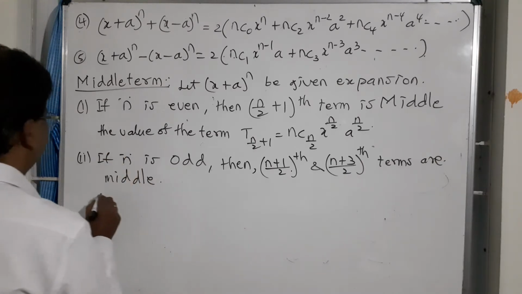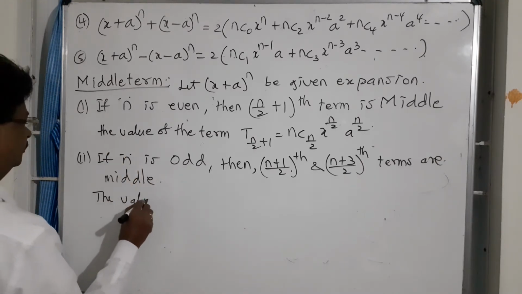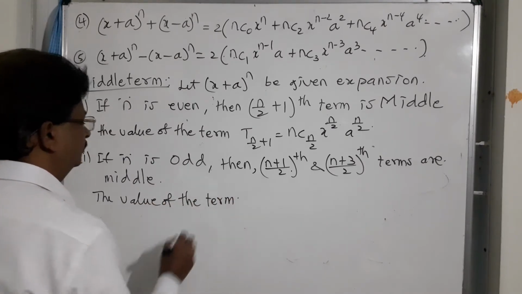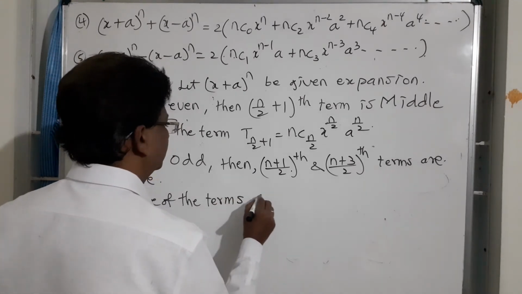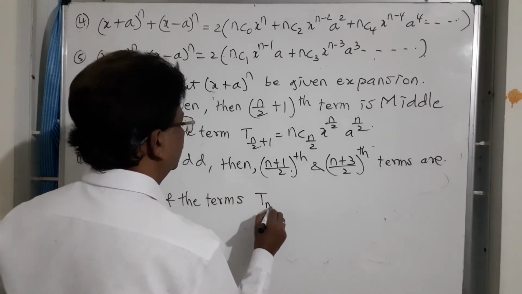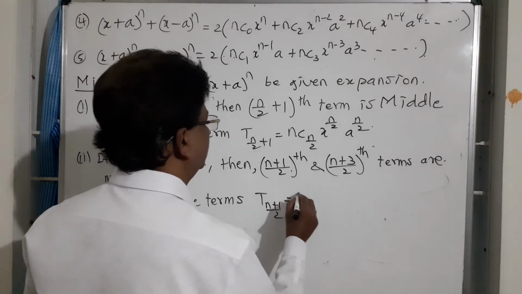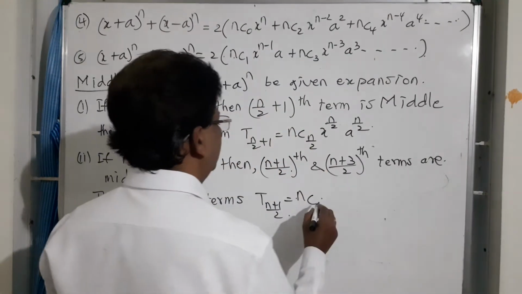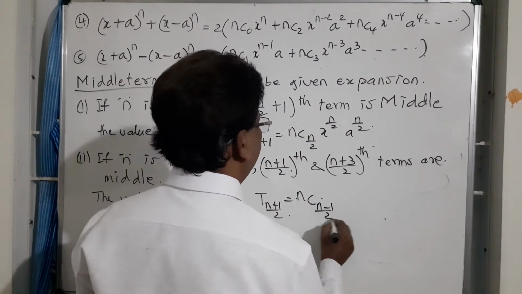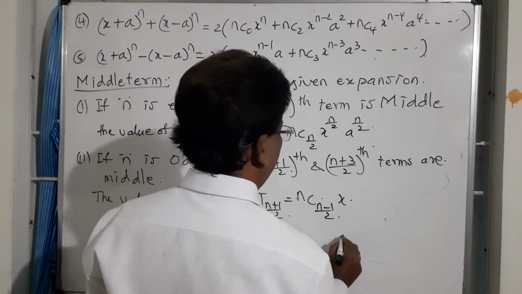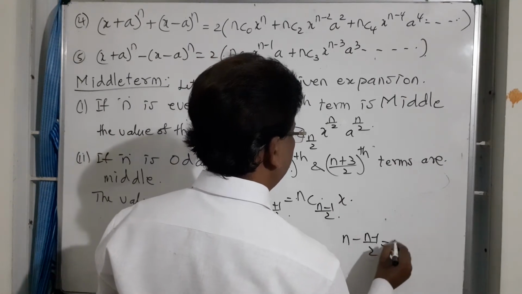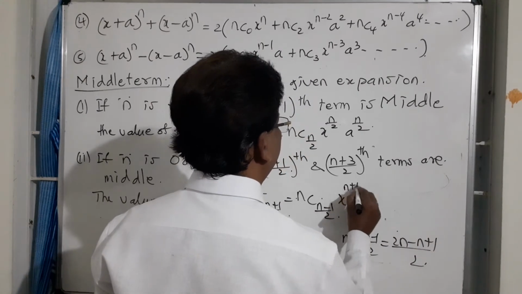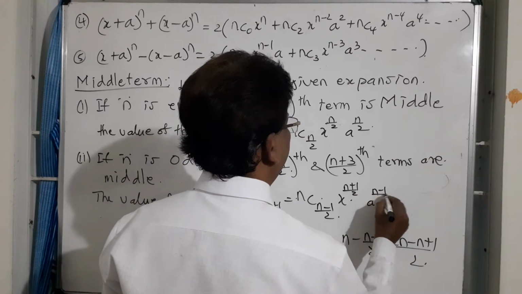And the value of the term T((n + 1)/2) is equal to, what is the suffix? (n + 1)/2 minus 1, that is nC((n - 1)/2) x^(n - (n - 1)/2). How much will come? (2n - n + 1)/2, that is (n + 1)/2, and a^((n - 1)/2).